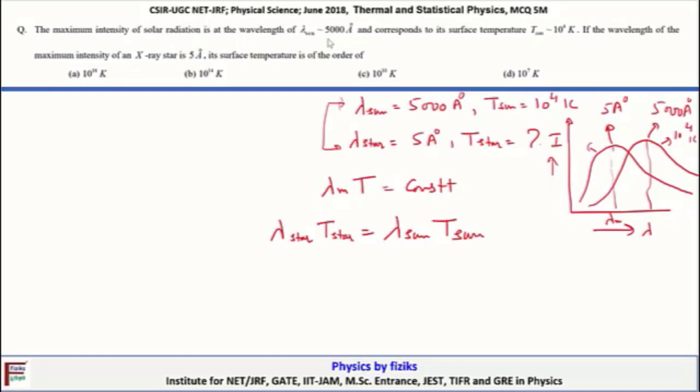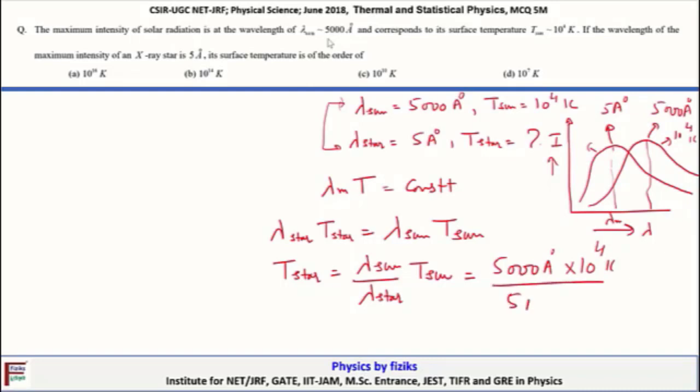Basically we have to find the temperature of the star, which is equal to lambda sun by lambda star multiplied by T sun. After substituting the values, lambda sun is 5000 angstrom, multiplied by the corresponding temperature 10^4 Kelvin, divided by lambda star, which is 5 angstrom. So this gives T star equal to 10^7 Kelvin. Therefore D is the correct option here.